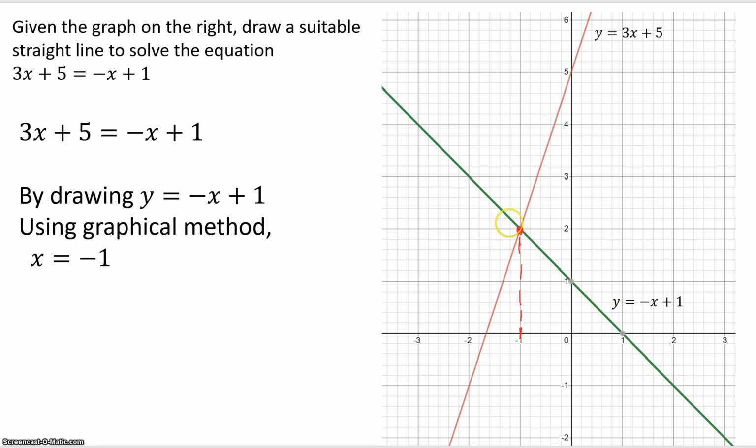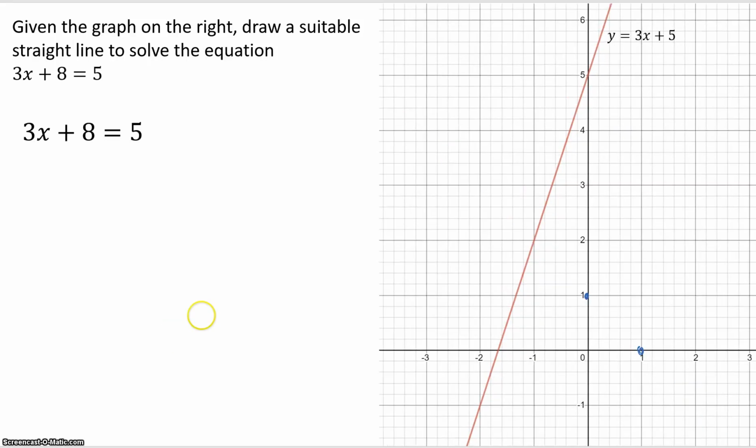So after you draw this, you can see that these two lines intersect here, and then the x value is negative 1. So that's why you can say that by drawing y equal to negative x plus 1, and you must label over here, and then using graphical method, x is equal to negative 1. So you can see that this is pretty easy, but unfortunately in life, the questions will not be so easy. So let me demonstrate a few more questions that are more realistic.